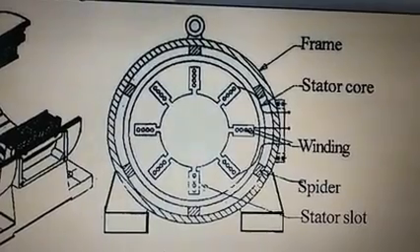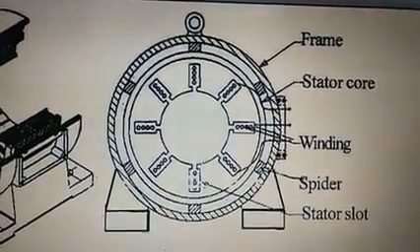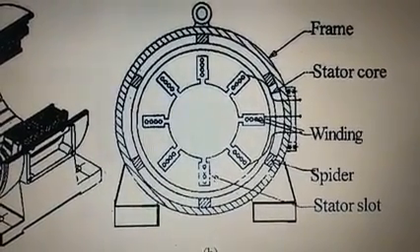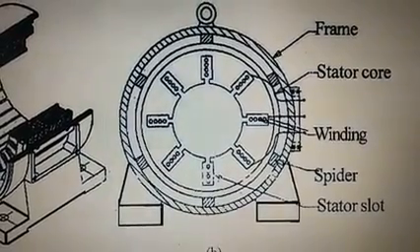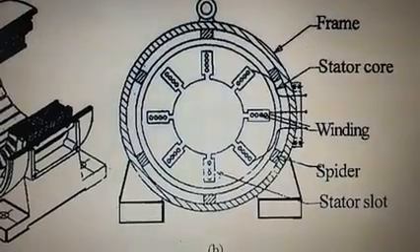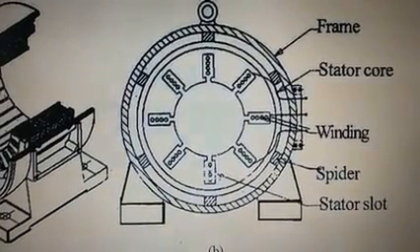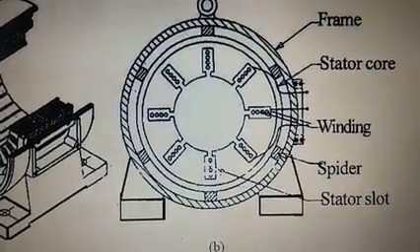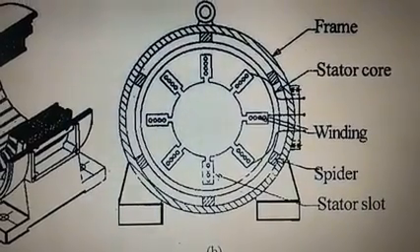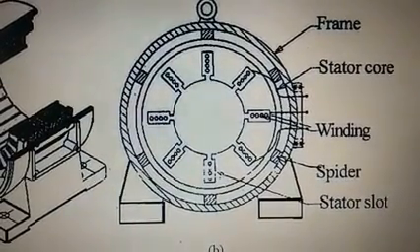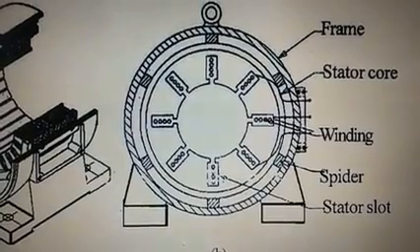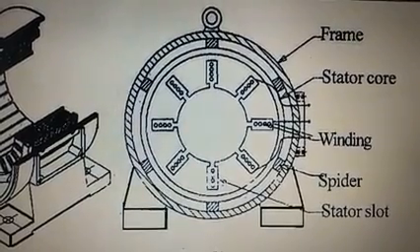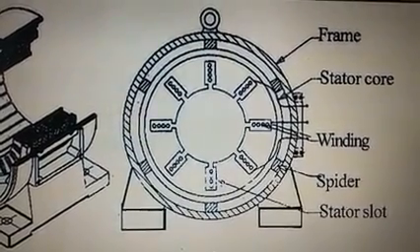Instead, it is a cylindrical core constructed of steel laminations with conductor bars mounted parallel to the shaft and embedded near the surface of the rotor core. You can see here the winding, stator slot, stator core, winding, frame, all indicated in this diagram.